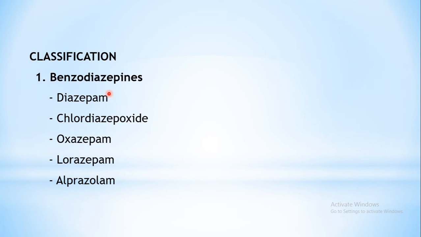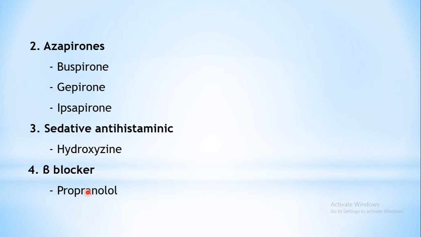Over there it was the subclass of benzodiazepine, anti-anxiety. There we have seen these 5 drugs: diazepam, chlordiazepoxide, oxazepam, lorazepam and alprazolam. So these BZDs specifically have anti-anxiety action. They act specifically in certain areas of the brain so that they have anti-anxiety property.